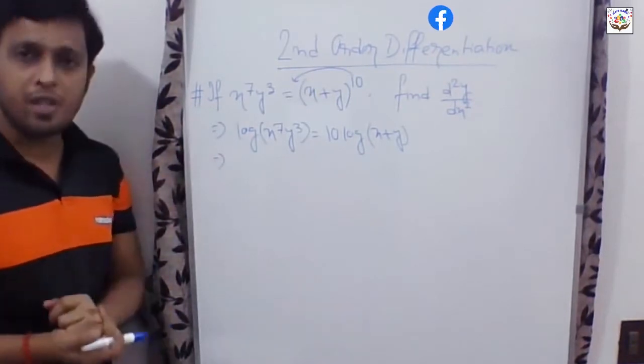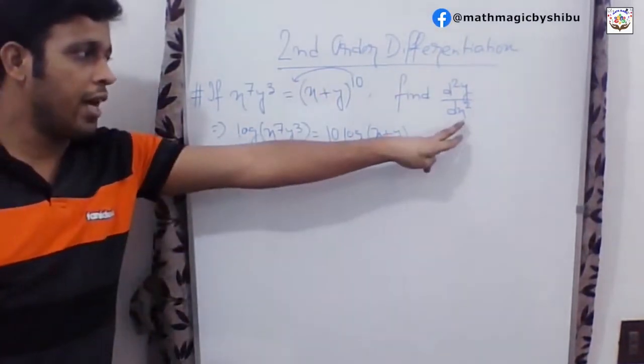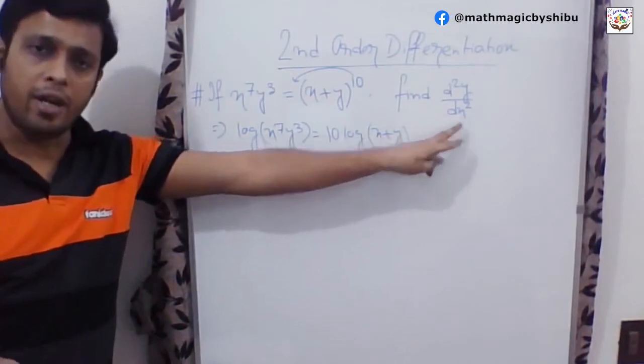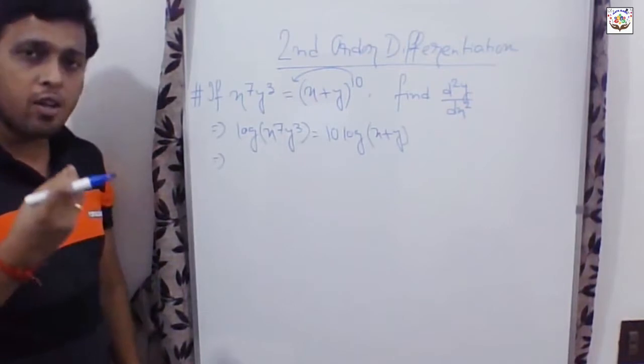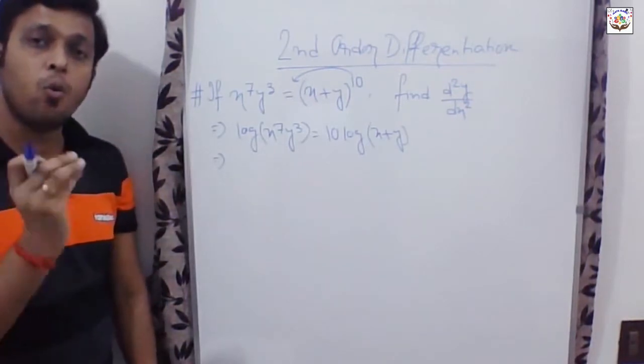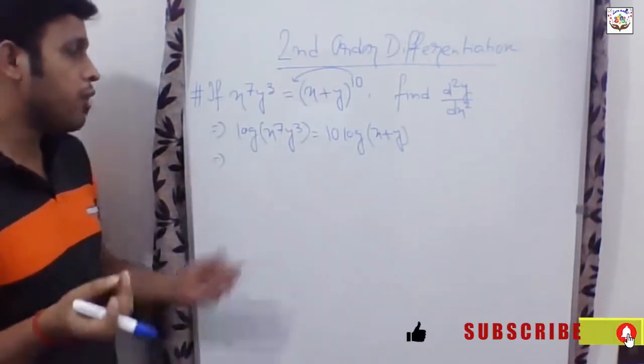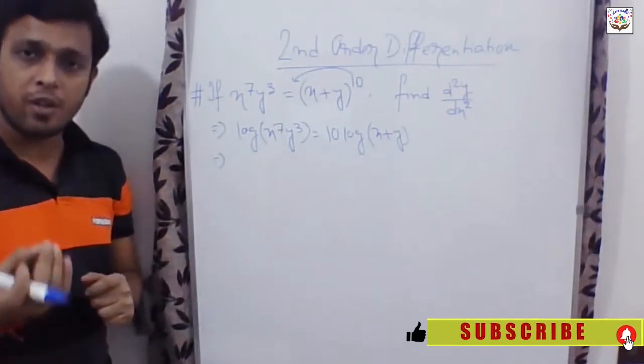Why are we differentiating with respect to x? Because in the denominator it is dx square. If it were asked that you need to find the second order differentiation with respect to the y variable, then we would have differentiated both sides with respect to y.